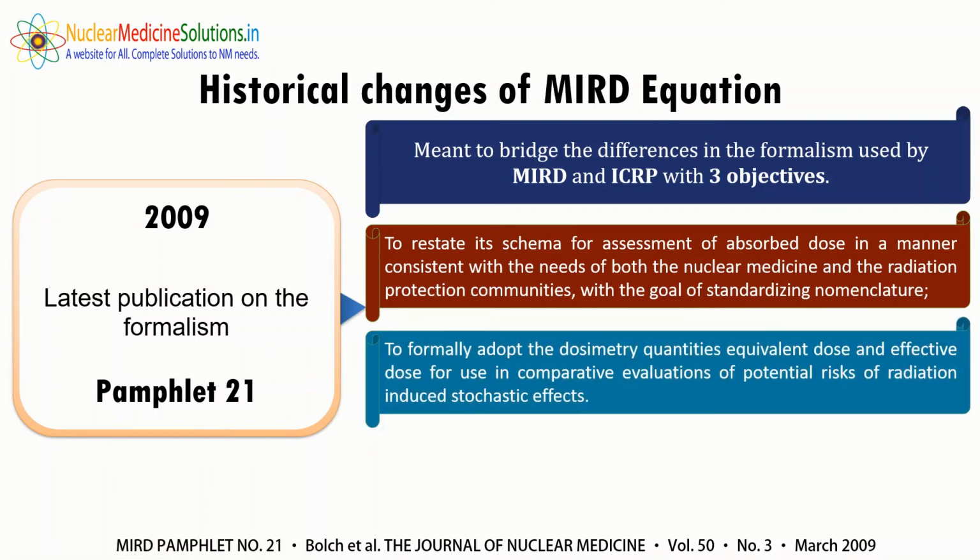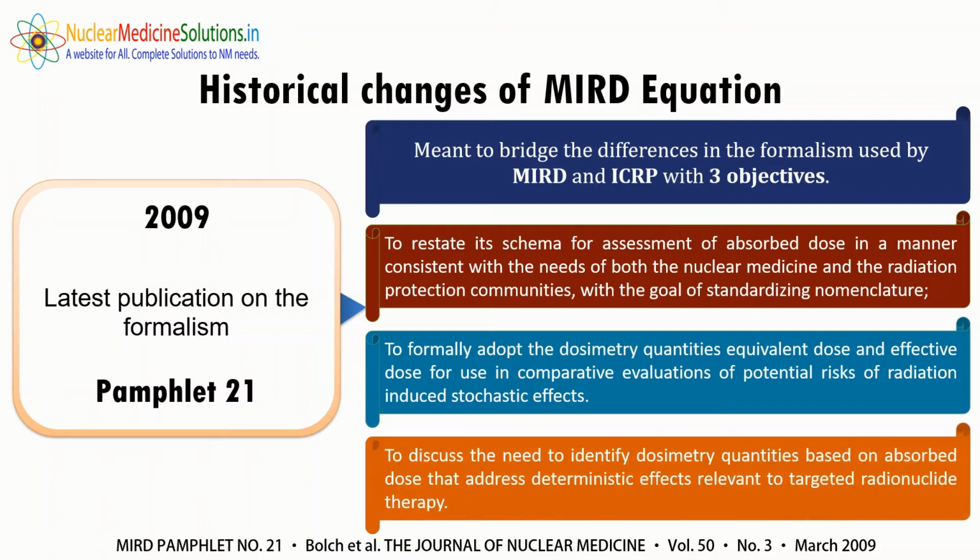The second objective was to formally adopt dosimetry quantities, which are equivalent dose and effective dose, for use in comparative evaluations of potential risk of radiation-induced stochastic effects. And the third objective was to discuss the need to identify dosimetry quantities based on absorbed dose that address deterministic effects relevant to targeted radionuclide therapies.